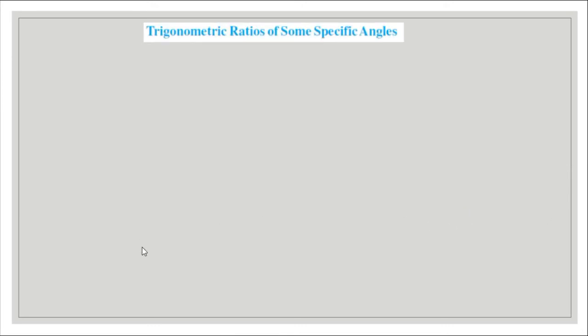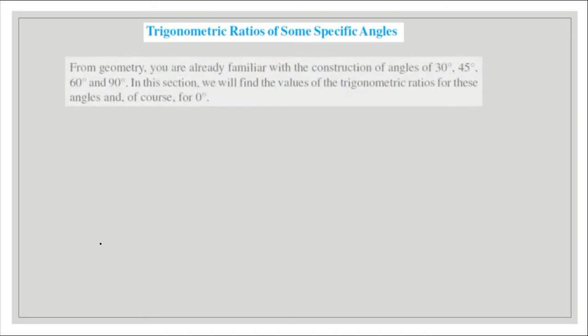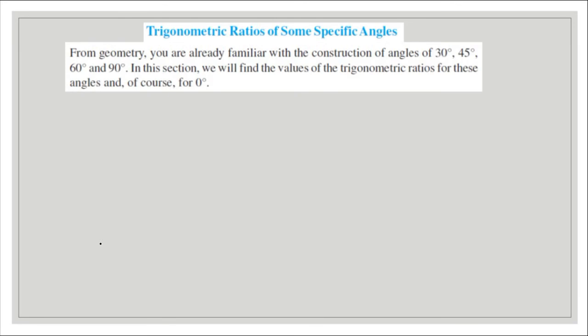We need to learn trigonometric ratios of some specific angles. From geometry, you are already familiar with construction of angles 30 degree, 45 degree, 60 degree and 90 degree. In this session, we will find the values of the trigonometric ratios for these angles and of course for angle 0 degree also.